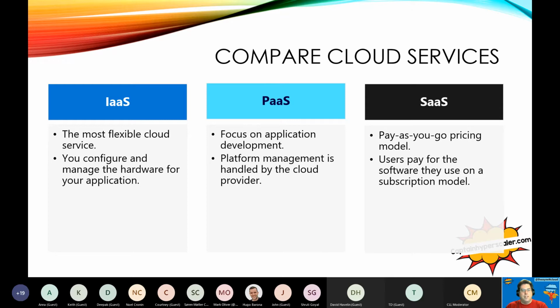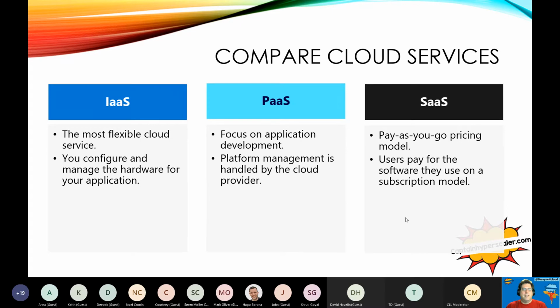If you're running a SQL database within the environment, you can make performance tweaks to that virtual machine for the SQL server. But if you're moving that into the platform, you're no longer having to do patchwork. You don't have to do security patches or operating system upgrades. Those are now handled by the cloud provider.